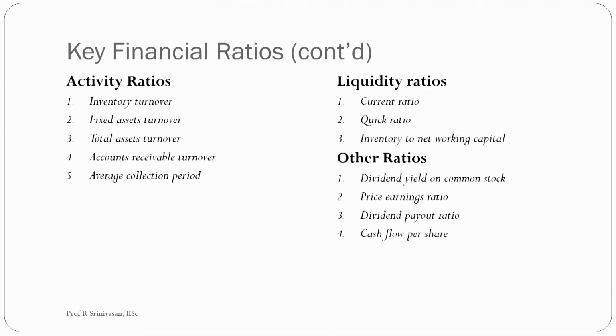The third ratio with which we are interested is what is called the activity ratios. So, we will stop here, we will continue in the next lecture. The activity ratios. Thank you.